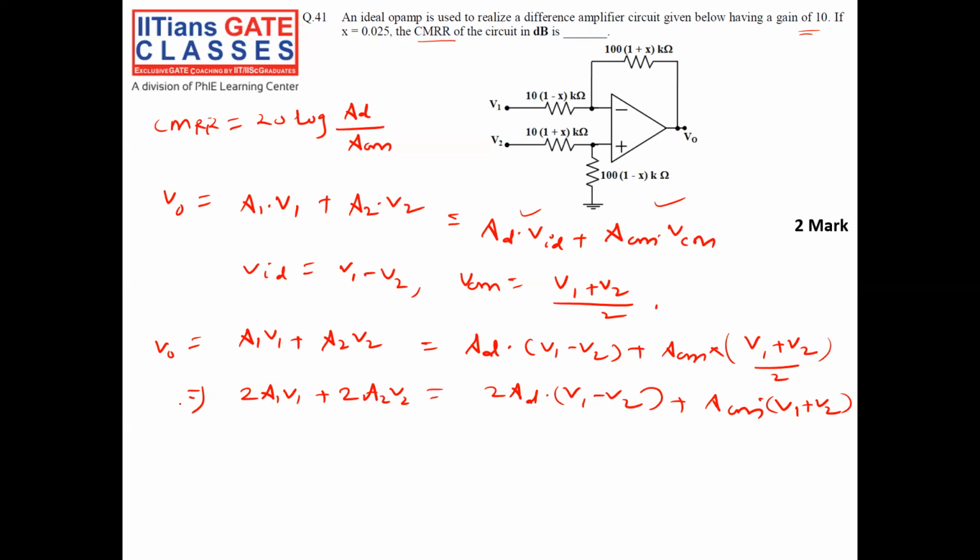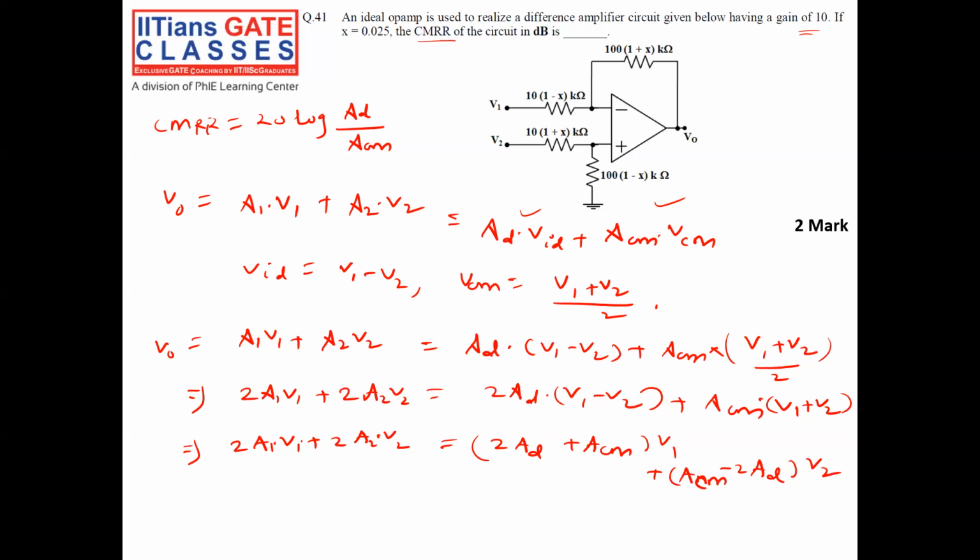So now you see, 2A1 into V1 plus 2A2 into V2 equals 2AD into V1 plus ACM into V1, plus ACM into V2 minus 2AD into V2, right?